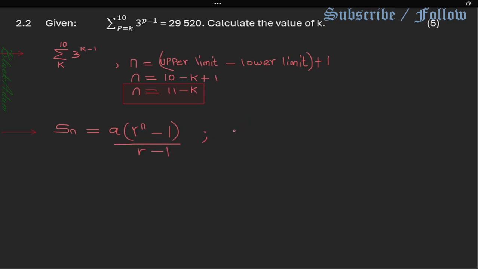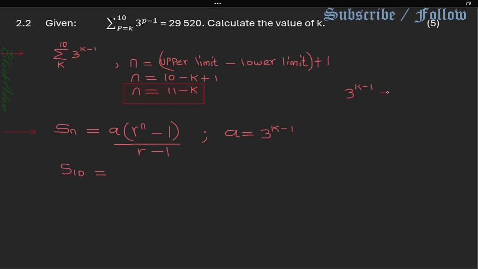We know that our first term, according to the sigma notation, is 3 to the power k minus 1. And then we have the sum of 10 terms, which we're given as 29520.